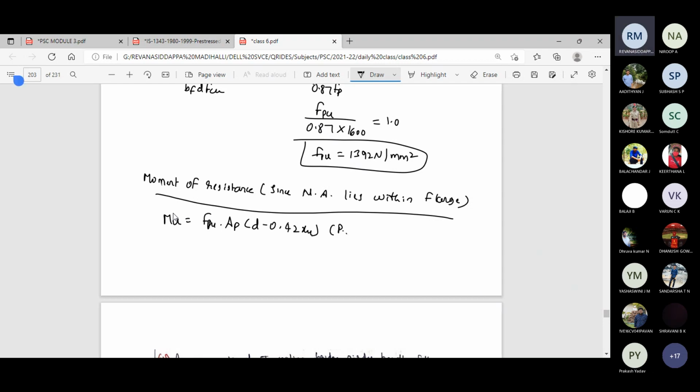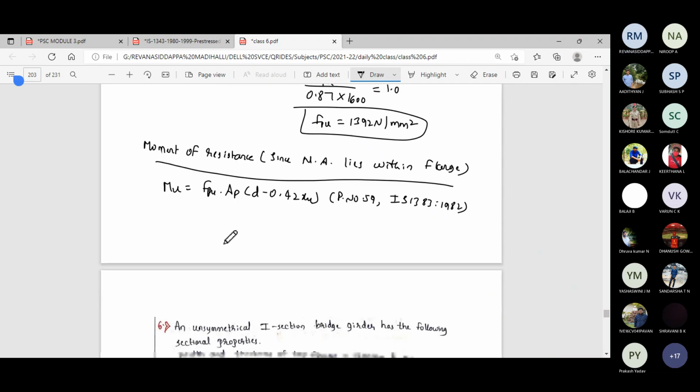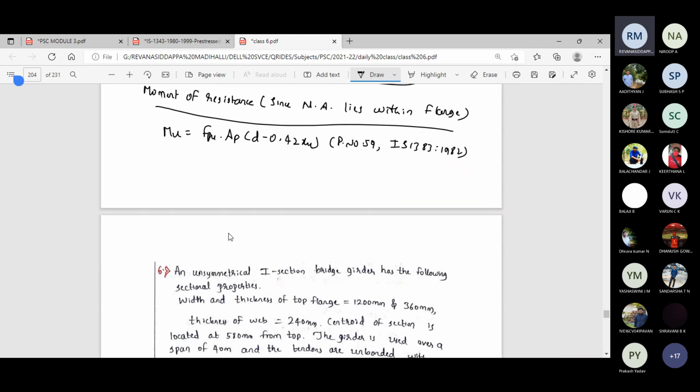Page number 59. Now everything is known. Just substitute and get the answer.